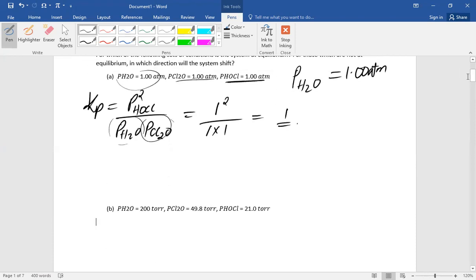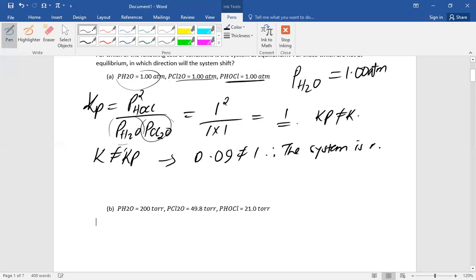K is 0.09, which is not equal to Kp, which is 1. Therefore, the system is not at equilibrium.